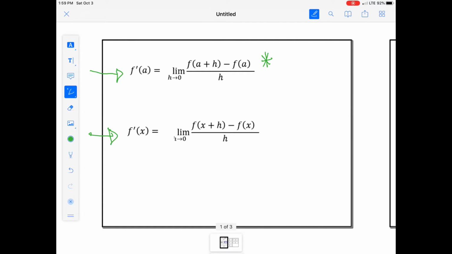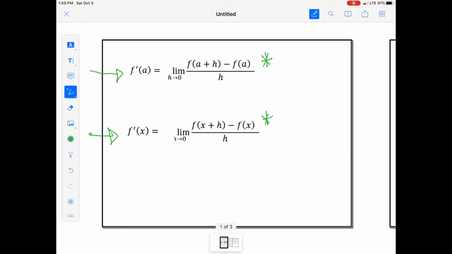Well, in place of A, now I'm using x, which allows me to then find the derivative at any specific point. So in 2-3, we're going to be asked to find the derivative function of specific f of x's using the limit definition, whereas the one above it is at a specific point.